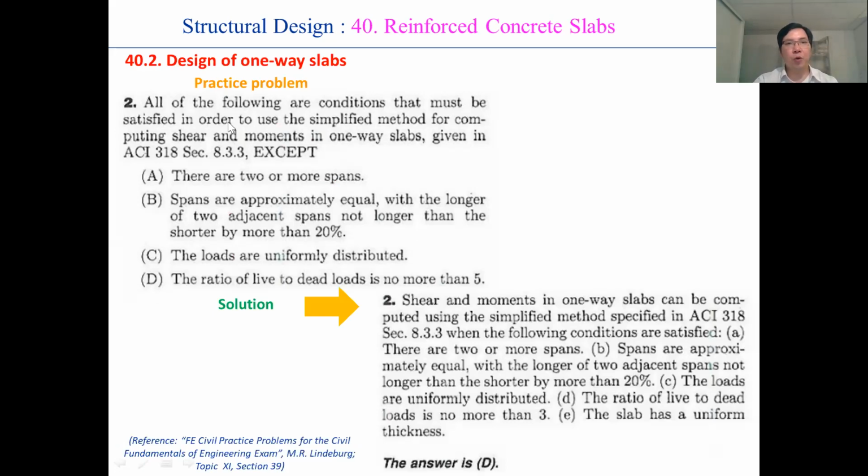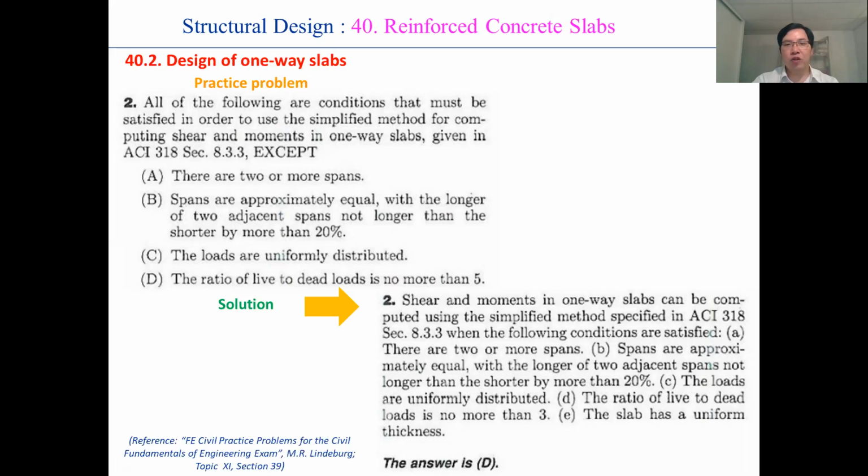The question is: all of the following conditions must be satisfied in order to use the simplified method for computing shear and moment in one-way slabs given by ACI 318, except. The options are A, B, C, D. And what can you see in the documentation? You can see that shear and moment in one-way slab can be computed using the simplified method specified in ACI 318.